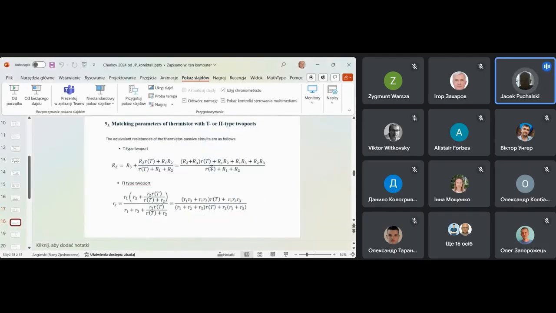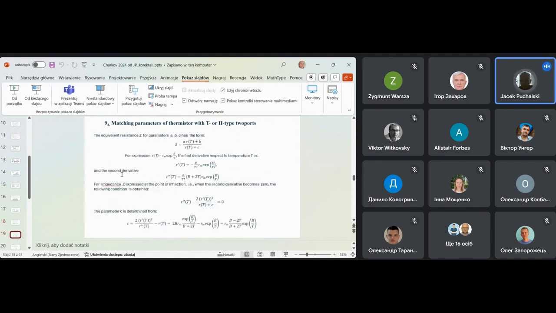The total resistance is here, and how to find the parameters of the 2 ports depends on the second derivatives.